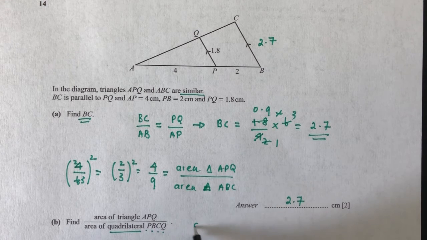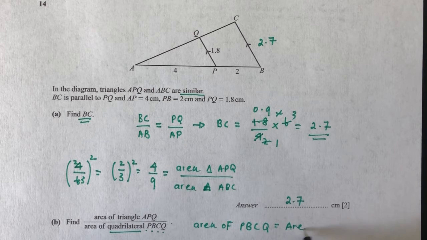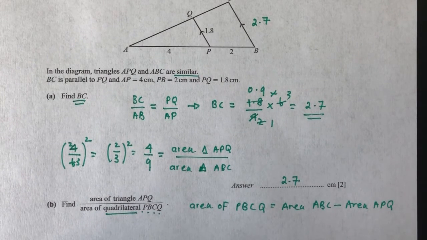So how do you find the area of PBCQ? This is the area of the big triangle, so area of ABC minus area of APQ. Okay, so that's how you find the area of this one.